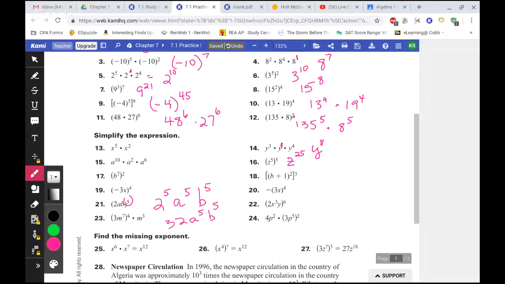So let's look at number 22. Let's write out the first step. The first step is applying this 6 to everything inside the parentheses. And everything inside the parentheses is being multiplied. Okay? So the 2 is raised to what power?